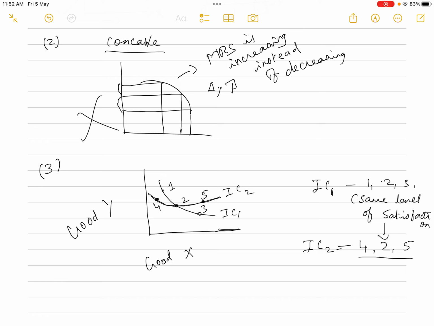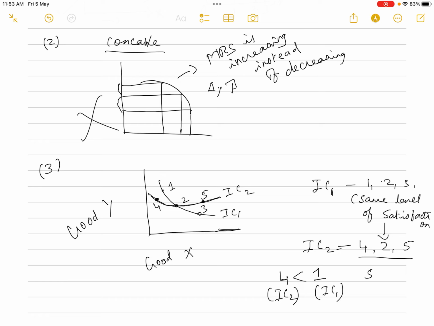But then what you are observing is that combination 4 should give lesser satisfaction than combination 1 on IC1, isn't it? Because combination 4 is on a lower indifference curve. Combination 4 is on IC2 and combination 1 is on IC1. So combination 4 is giving lower satisfaction than combination 1. And what about 5?